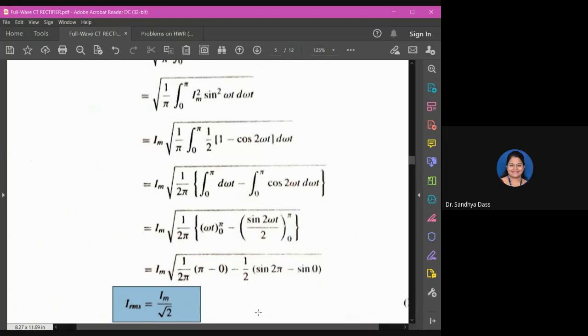So try VRMS now yourself. Try VRMS and reply here in the chat box. Derive the expression for VRMS and give the result in the chat box. Let me see.